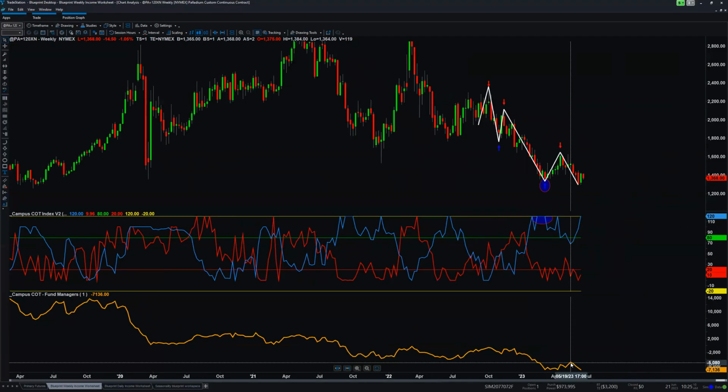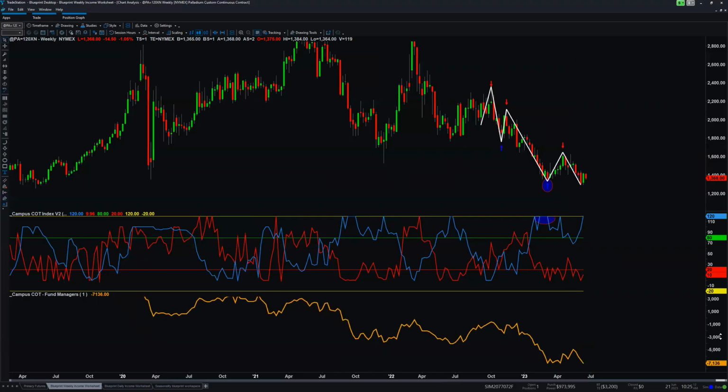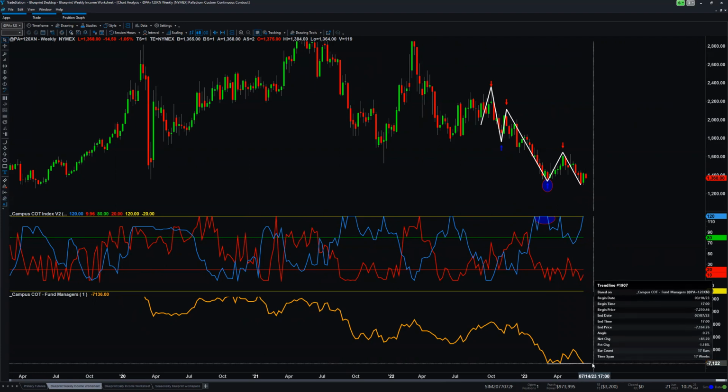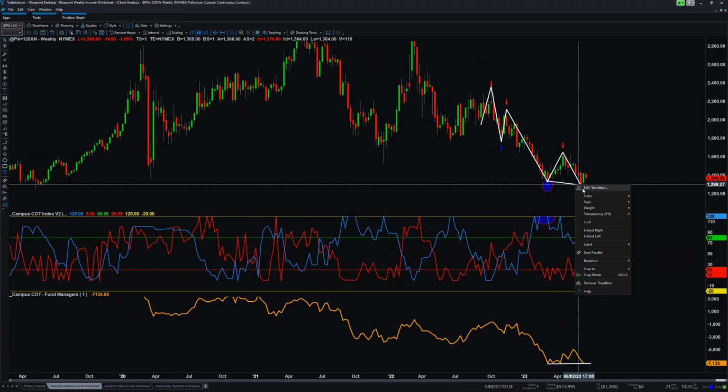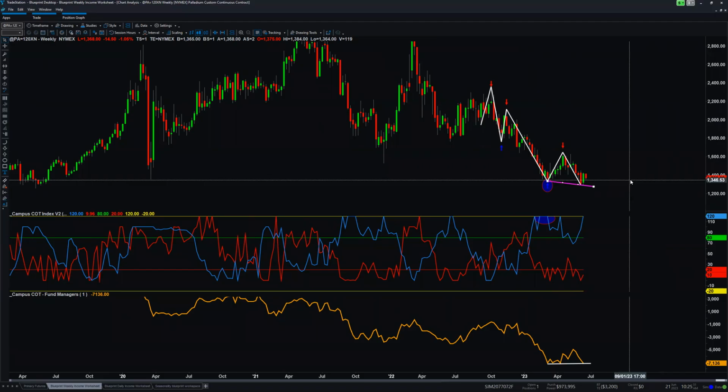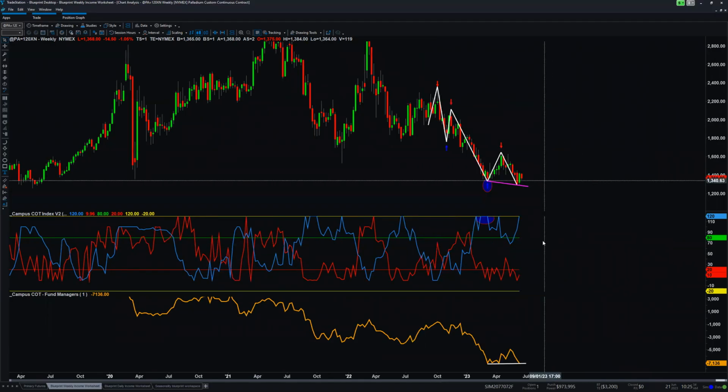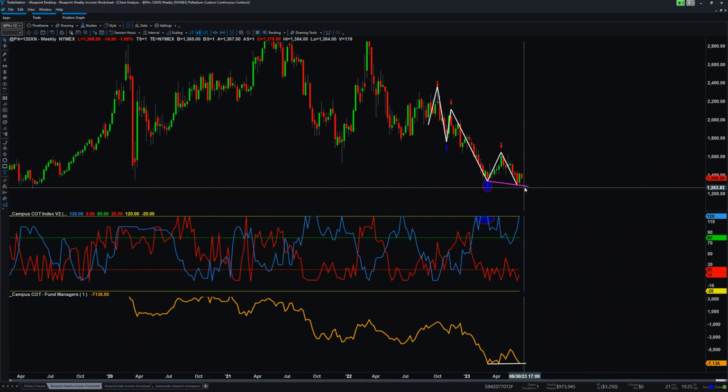So what's interesting with the non-commercials is in this case, the non-commercials, they are making the same lows, they're holding the lows, but price made a new low. So this may be a divergence, which if that divergence eventually plays out, right, maybe another fake low and then we go higher.